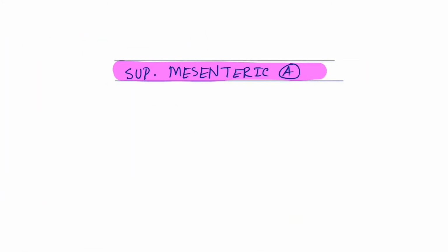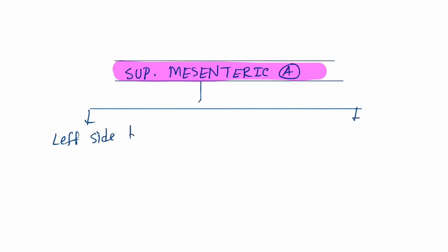Next is the superior mesenteric artery. Superior mesenteric artery is divided into two parts. First one is the left side branches, and another one is the right side branches.